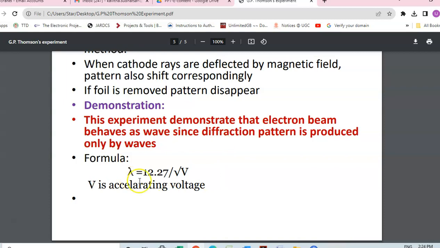If we use X-rays to determine it by that method, it is around 4.06 Angstrom. It is very nearly equal. This confirms the de Broglie waves from Bragg's law and from the photographic first order concentric rings. Thank you, students.